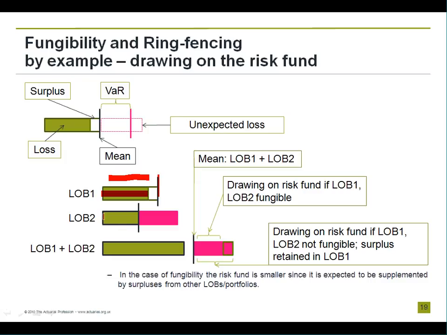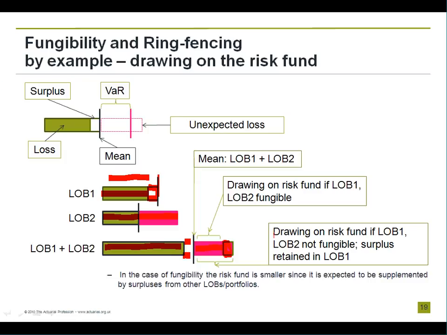Let's look at it. LOB2, that's the mean, but the actual loss exceeds the mean by this pink part. This green is the sum of the two means. This pink is this pink, and that little square there is this surplus, and it also sits here, if you like.